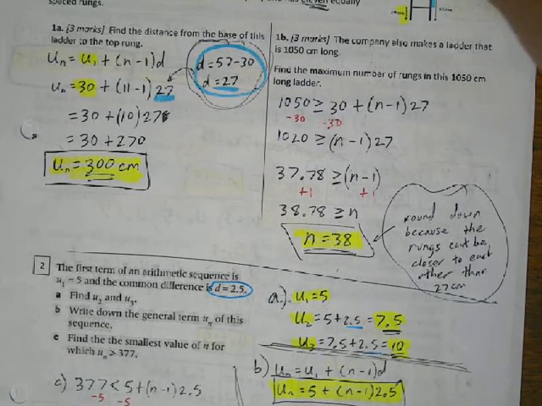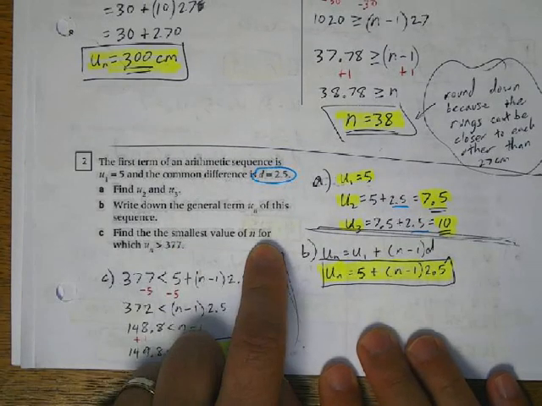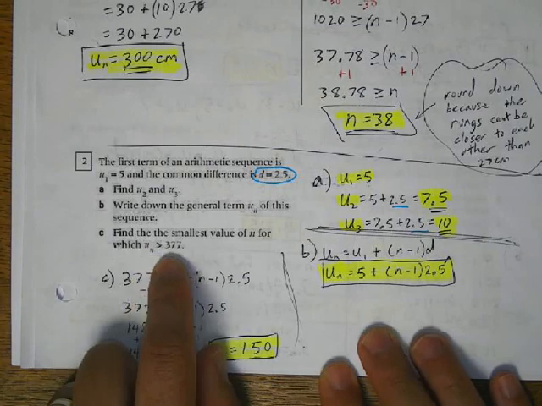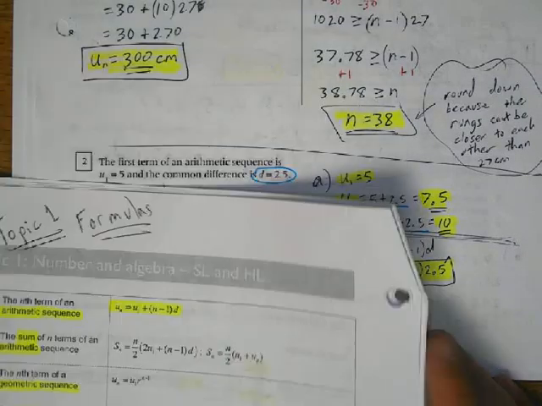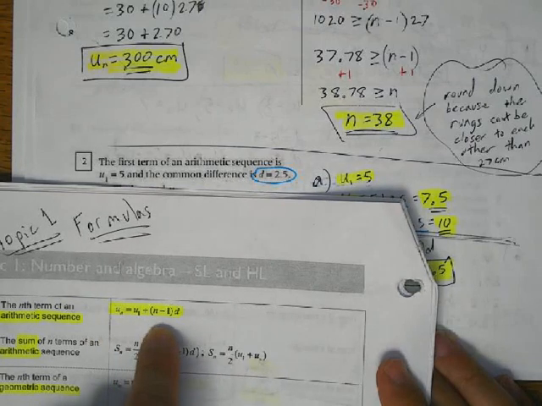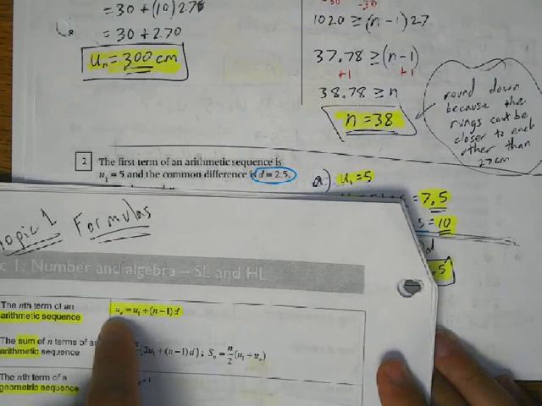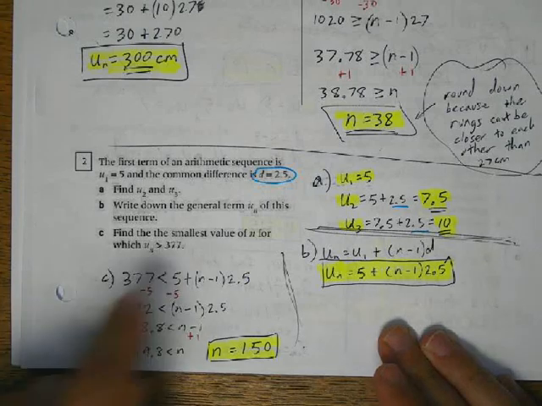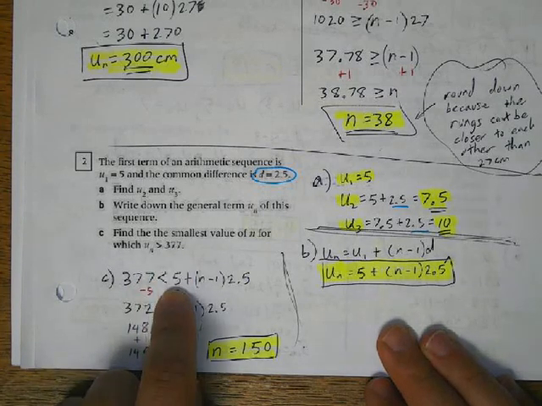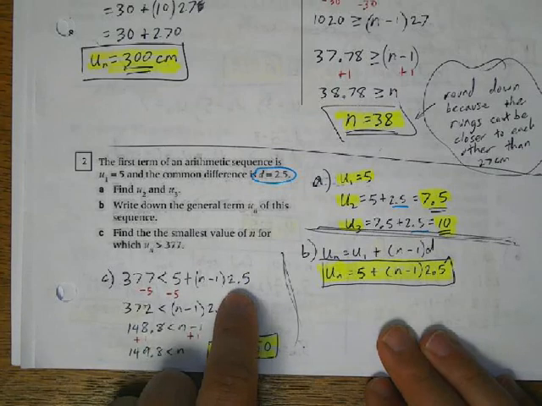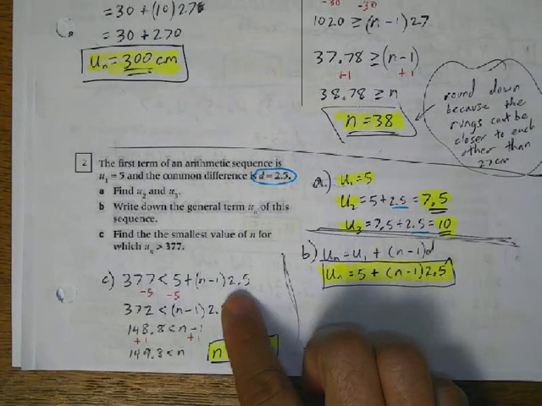Okay. Find the smallest value of n for which u sub n is greater than 375. So once again, I'm going to use this formula. I'm going to replace u sub n with 377. u sub 1 is going to be 5, and my d value is 2.5.